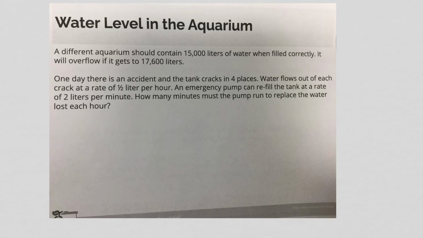So looking at this problem, we have 4 different cracks. So we have a crack here, and a crack here, and a crack here, and a crack here. And each one of them is losing water at a rate of 1/2 liter.